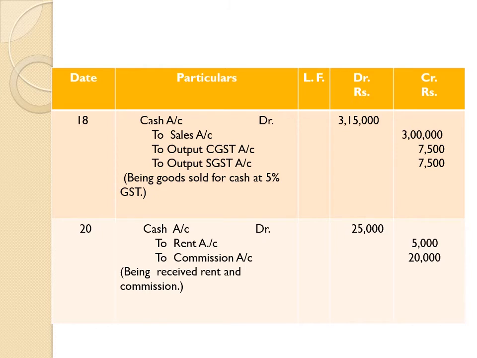So cash account debit 3,15,000, to sales account 3 lakh, to output CGST, that is Central Goods and Services Tax, 7,500, to output state GST 7,500, being goods sold for cash at 5% GST.